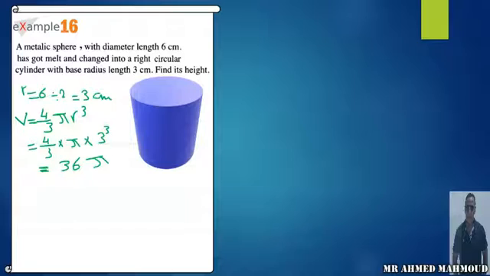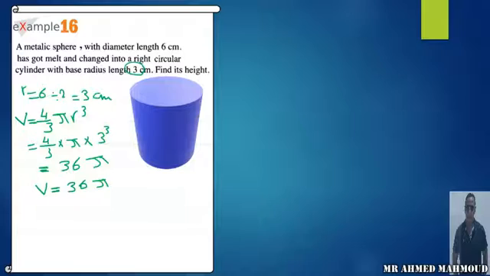Now we have the volume of the sphere, which is 36 pi, exactly the same as the volume of the cylinder. Now I need to find the height of the cylinder given that its radius length equals 3. Now we have the volume of the cylinder equal to 36 pi.